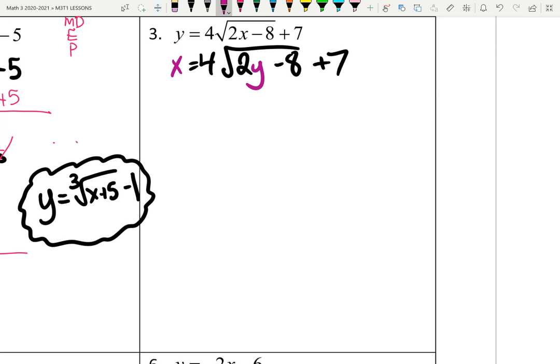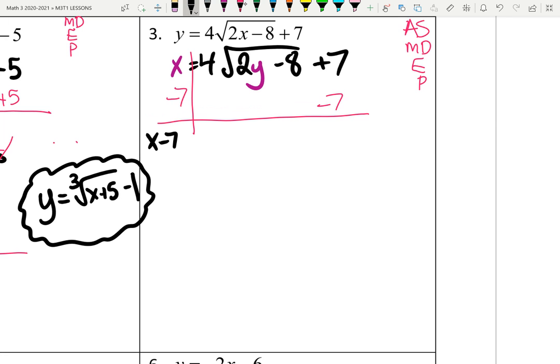So I'm going to use my inverse operations order. Remember, I'm going in the opposite. Normally it's please excuse my dear Aunt Sally. Now I'm going to go in the opposite order. So I'm going to subtract 7 from both sides. This is going to result in x minus 7 being equal to 4 times the square root of 2y minus 8.